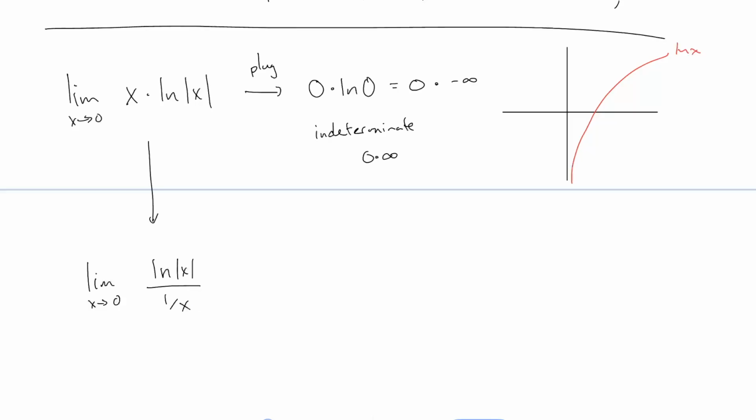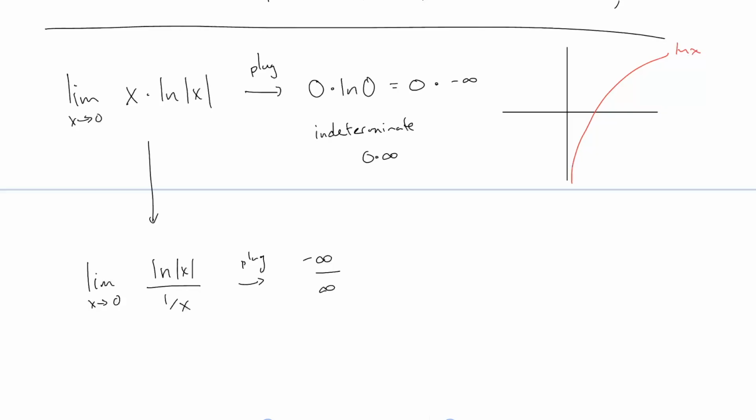This is weird, and in an ordinary problem you would never want to do this, but they are the same. Multiplying by x is the same as dividing by 1 over x. That's like the reciprocal of the reciprocal. What's the point of that, though? Now when we plug this in, it looks like infinity over infinity. Actually, it's negative infinity, but whatever.